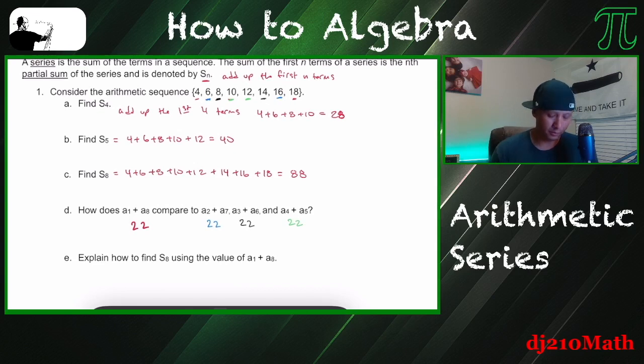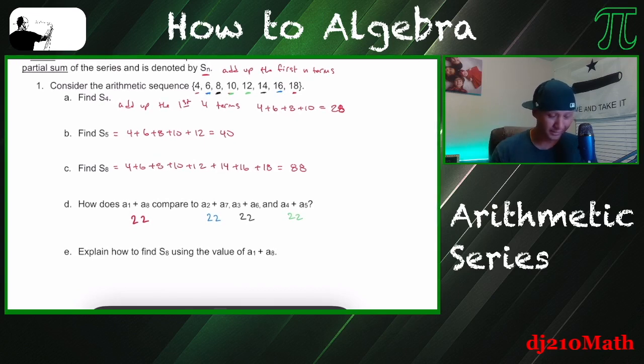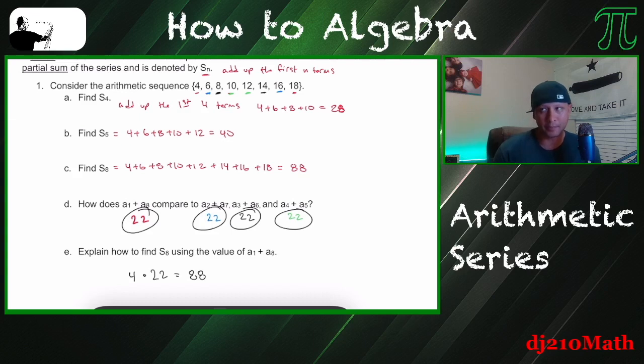This question isn't as obvious, but we can take 22 and multiply it by 4. 4 times 22 gives us 88, which is interesting. So right now we're actually deriving a formula.